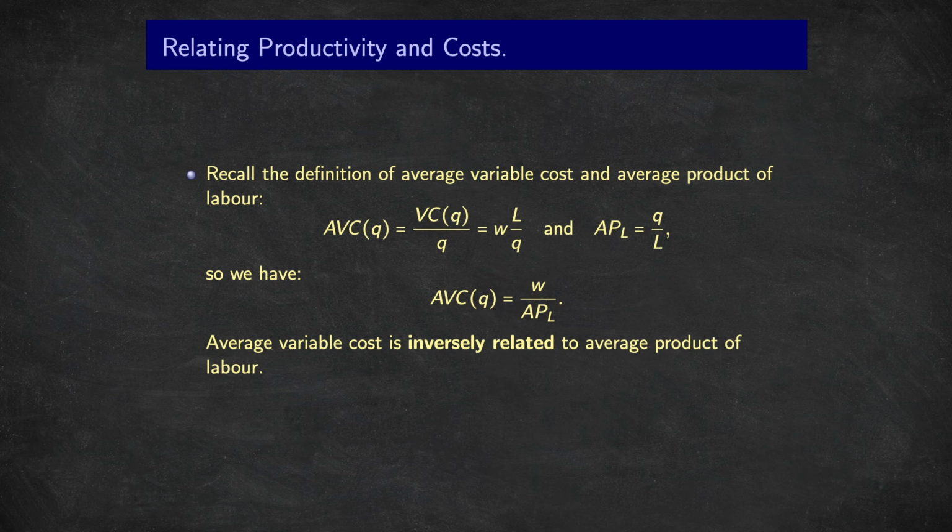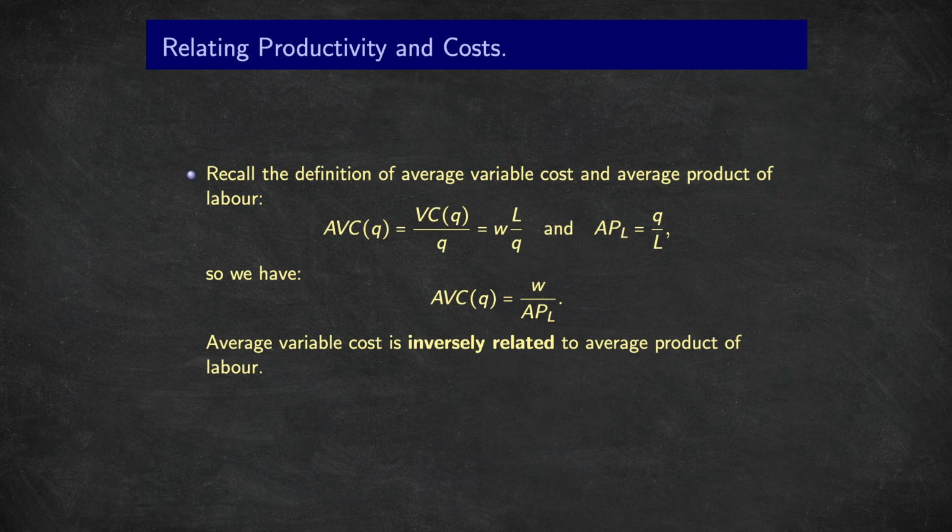Let's consider another simple way of relating productivity and costs. So let's recall the definition of average variable cost, which is variable cost of output Q divided by output Q. And if we have a wage rate and we're only employing labour, variable cost is equal to W times L. So average variable cost is equal to W times L divided by Q. Now recall average product of labour.